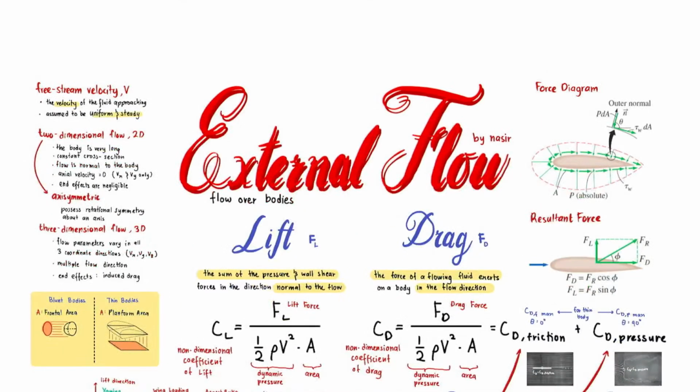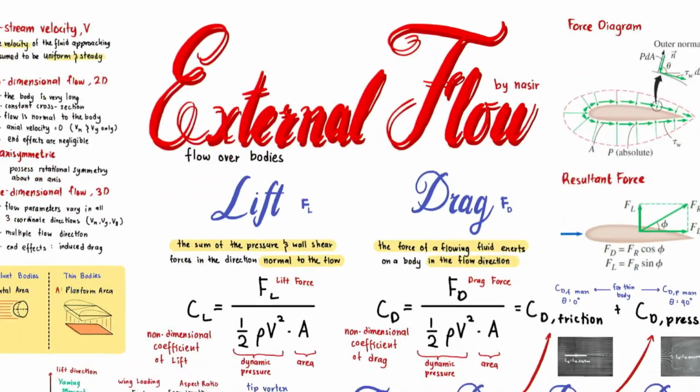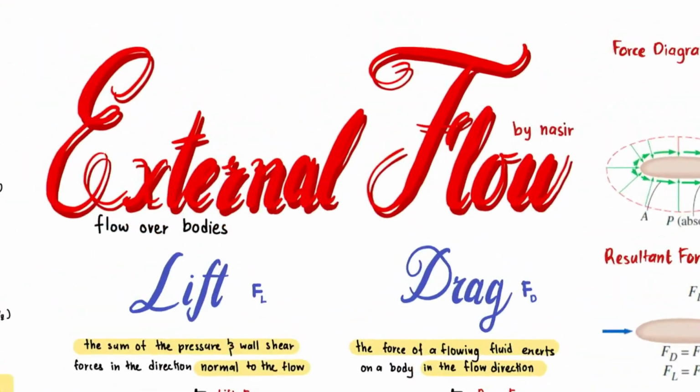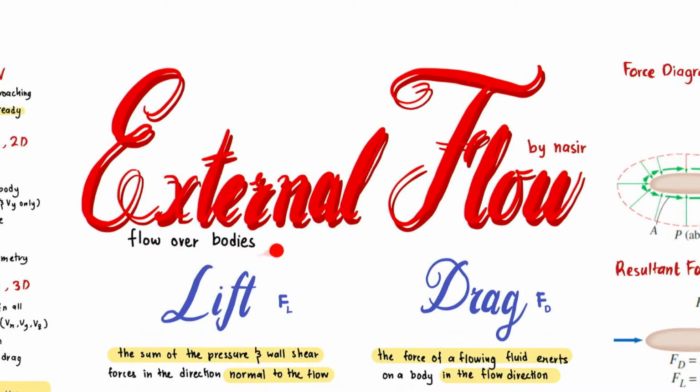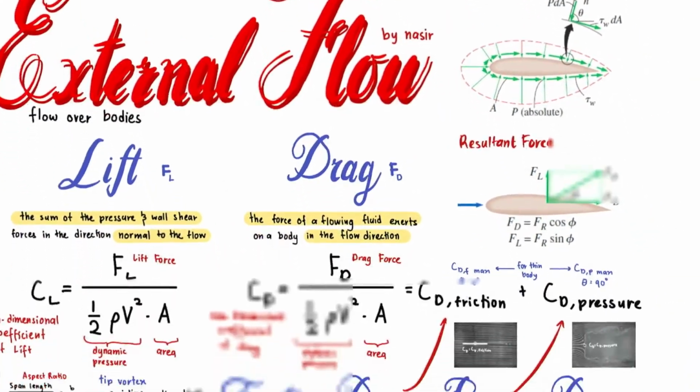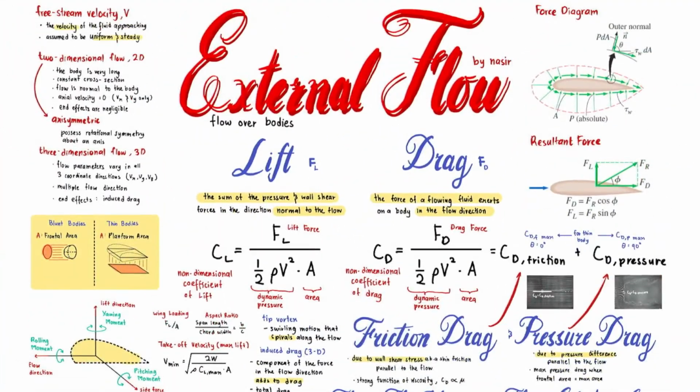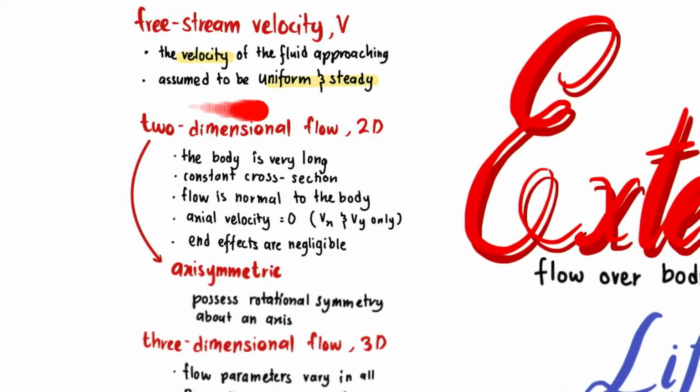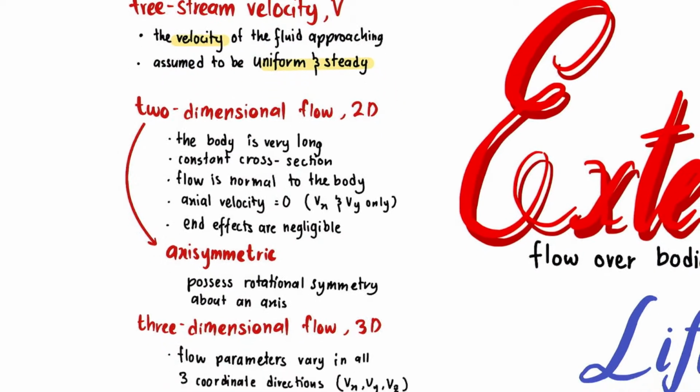Now we move on to external flow. External flow is flow over bodies or rigid bodies. So we come here first. Free stream velocity is the velocity of the fluid, assumed to be uniform and steady.